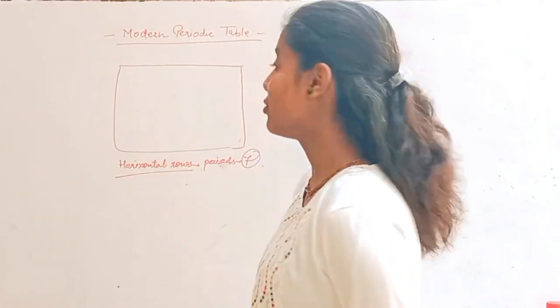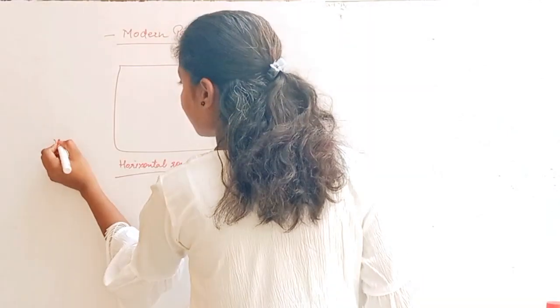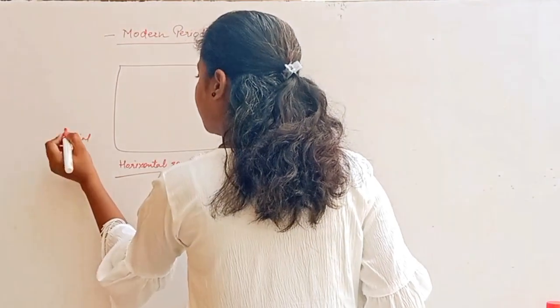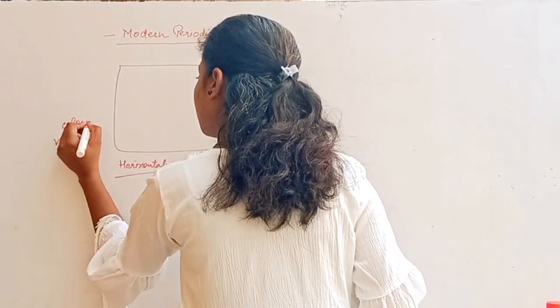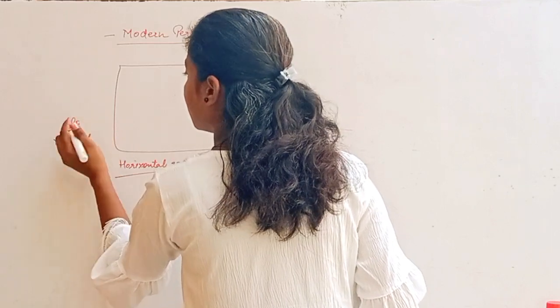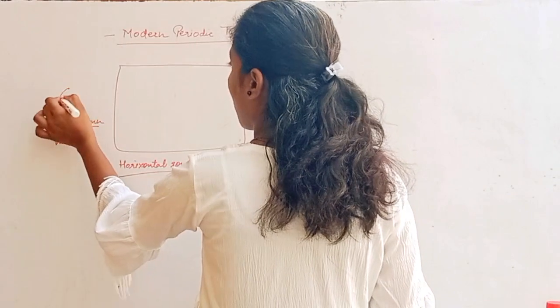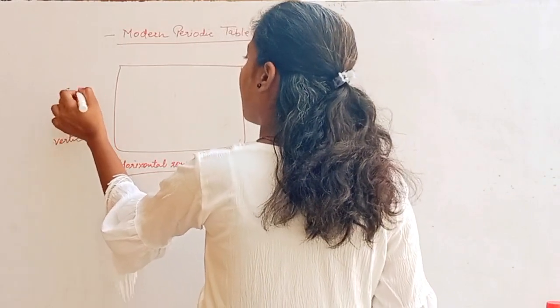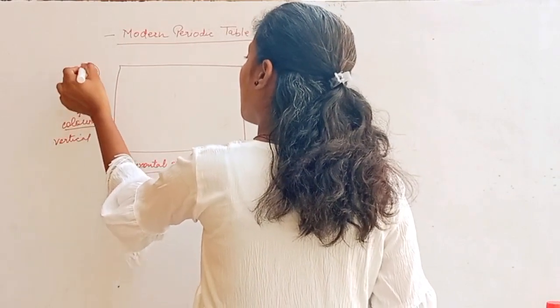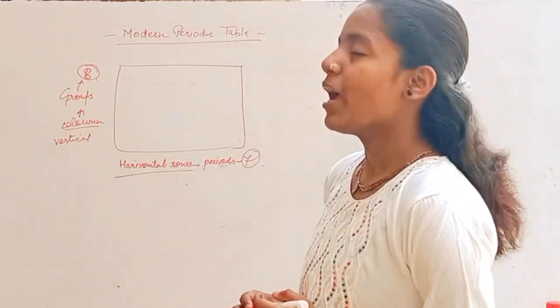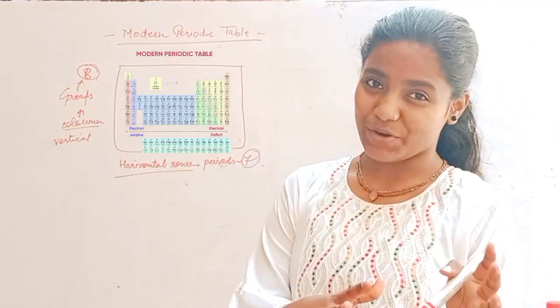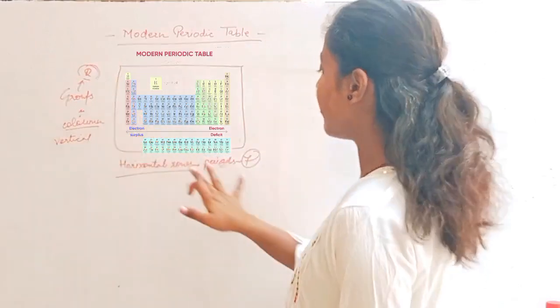Now talking about vertical columns. They are called your groups, and there are 18 vertical columns. Now we will talk briefly about groups as well as periods.